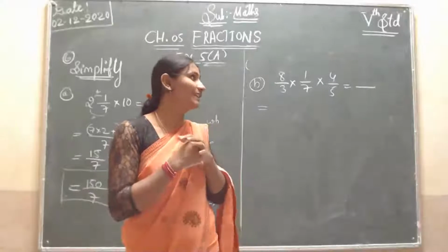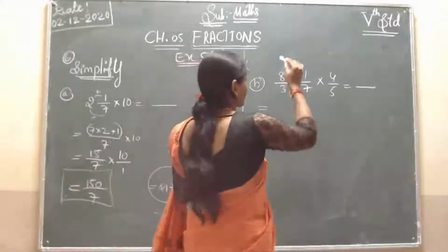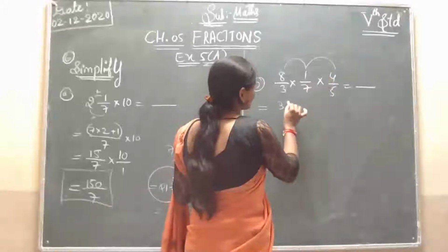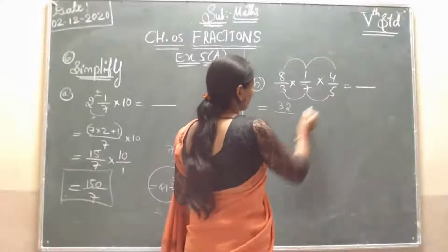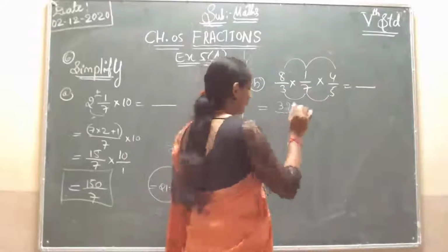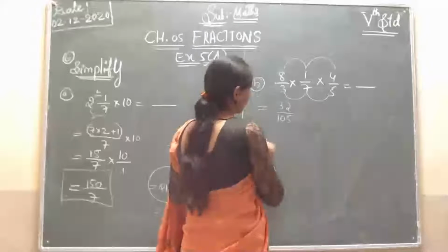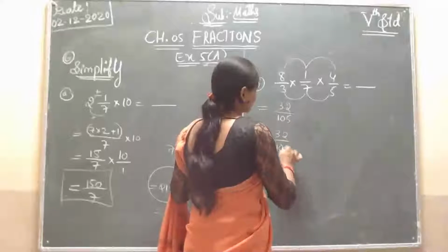First, you have to think about that. See, if not, then multiply first. Because you know 8 ones are 8, 8 fours are 32. Yes. So 7 threes are 21, 21 fives are 105. So 32 by 105.